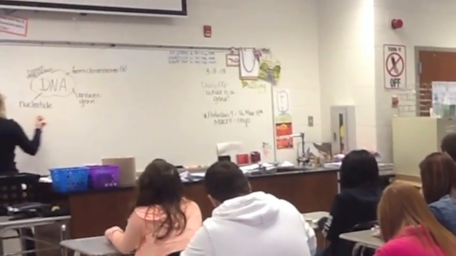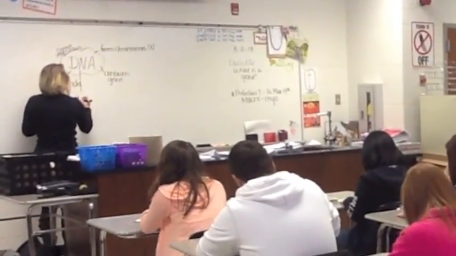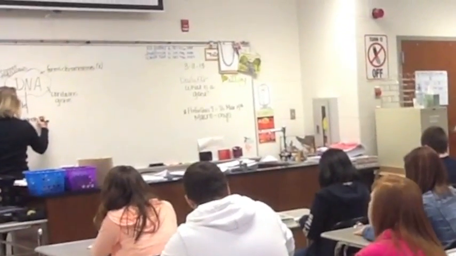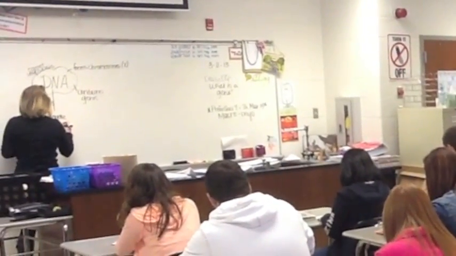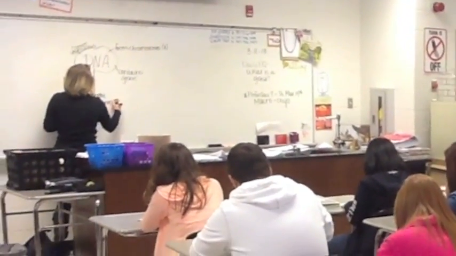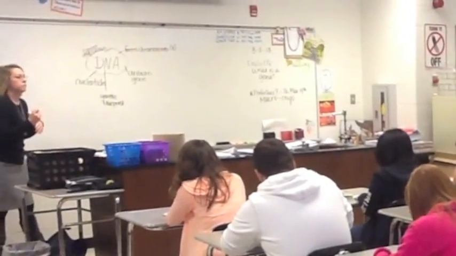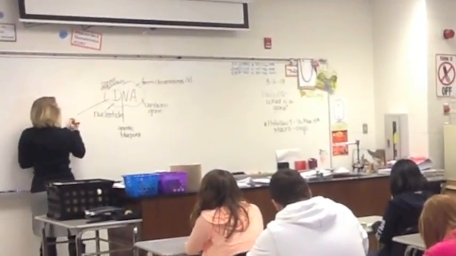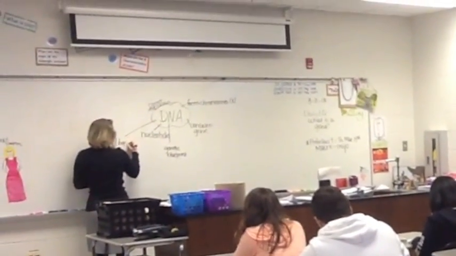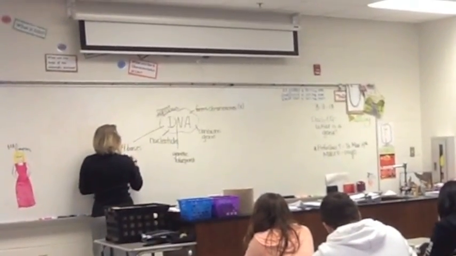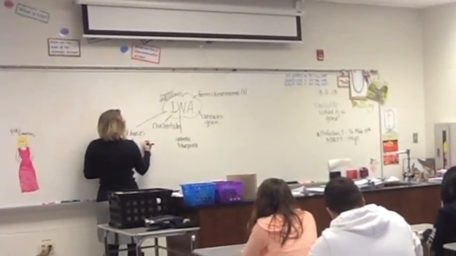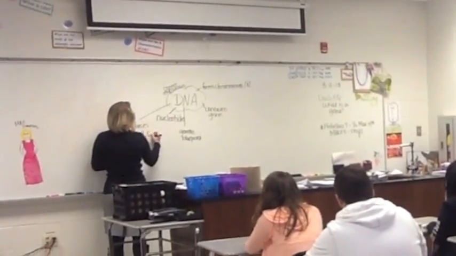It's a genetic blueprint for all other cells. Okay, genetic blueprint. Remember we said that's the function of DNA. Okay, it has 4 bases. Good. Do you want me to name them? I do, please. Adenine, cytosine, thymine, and guanine. Very good.